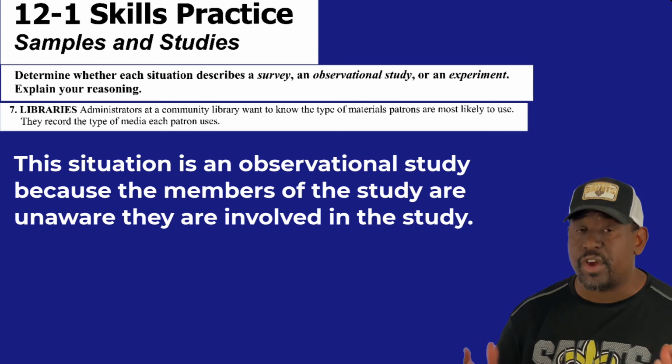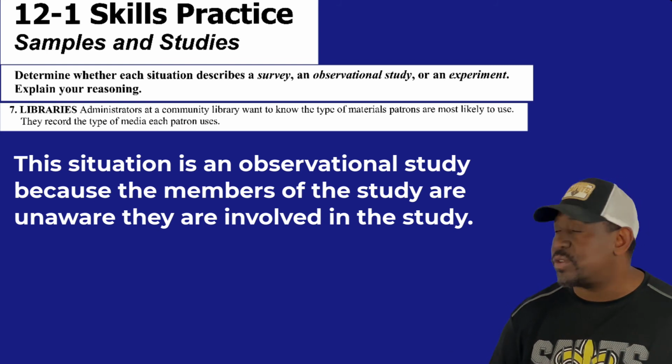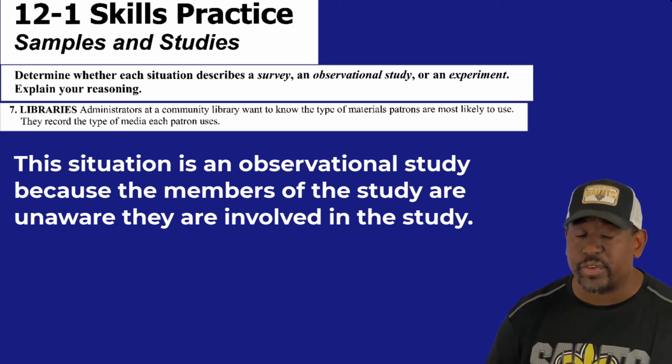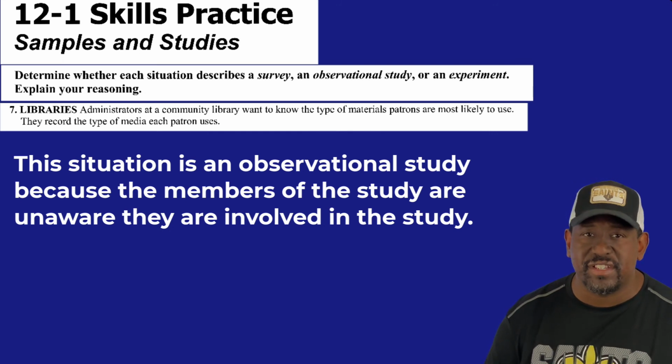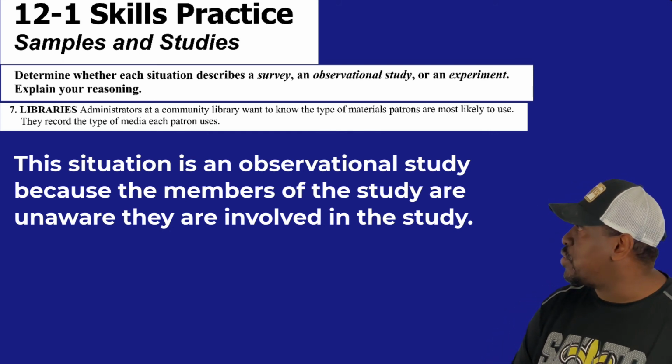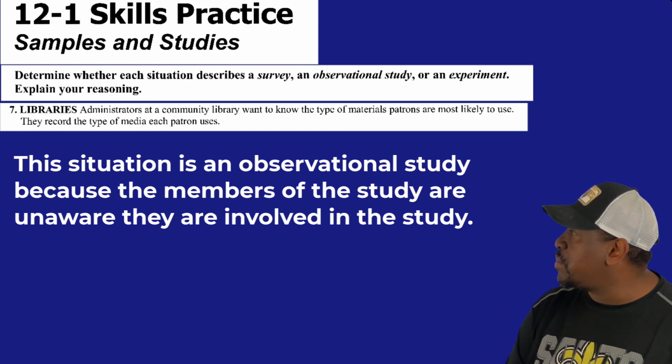They're just being observed, and then they're recording those observations. So it's not like a survey where you're asking someone's opinion. You're just observing what they're doing, and you're making conclusions and generalizations from that. So we would call that an observational study, again, because the members of the study are unaware.